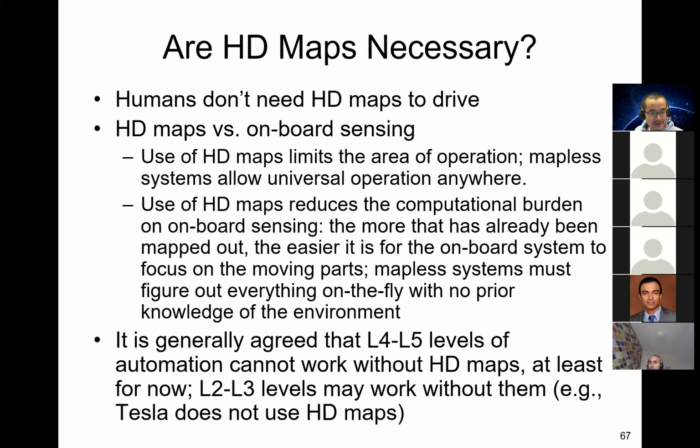So it's generally agreed that L4, L5 levels of automation cannot work without HD maps, at least for now. L2, L3 levels may work without them. For example, Tesla does not use HD maps, whereas L4 level vehicles, say from Waymo, rely on HD maps.